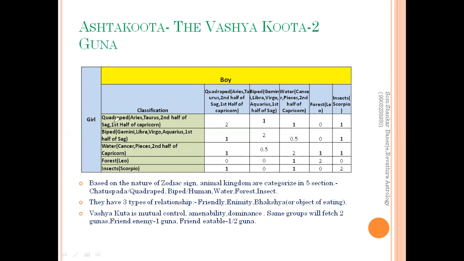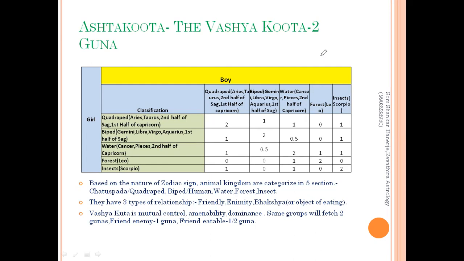So if it is quadruped with quadruped, it is 2, which is best. If quadruped with biped, it is 1, so the quadruped will dominate. If quadruped with water rashi, it is 1. Forest, it is 0, because sheep and bulls and all will be eaten up by the lion. And insect also is 1, which is Scorpio.